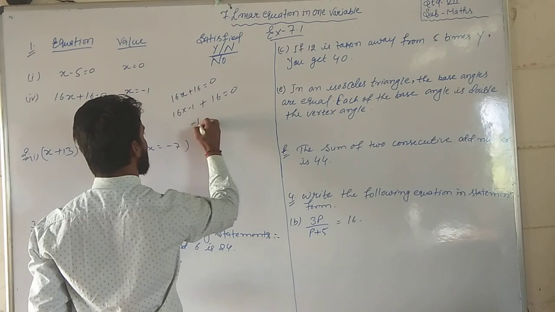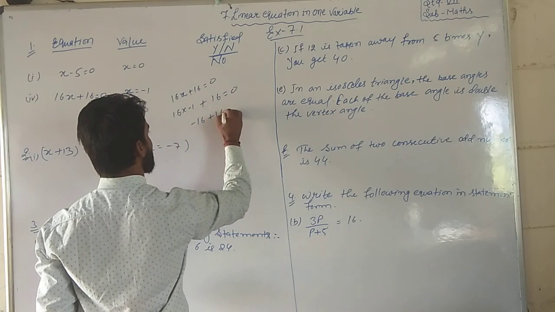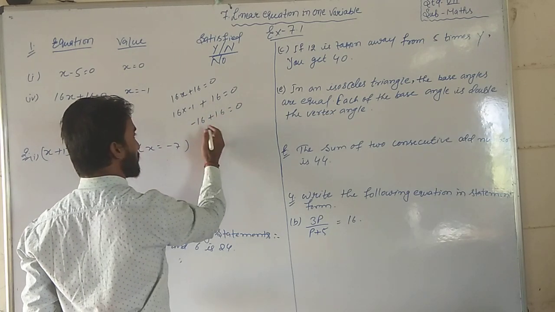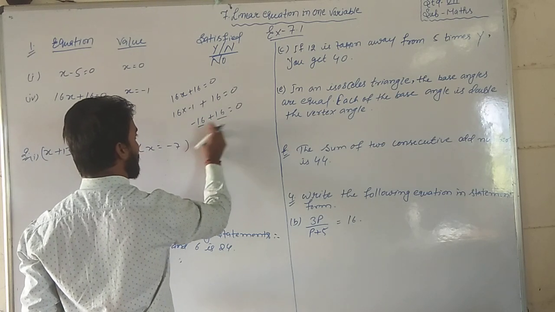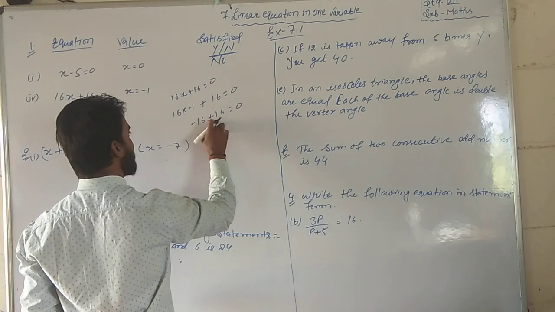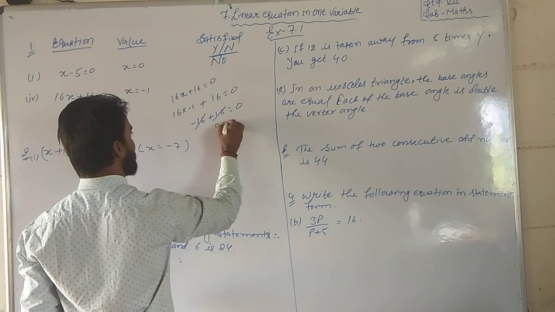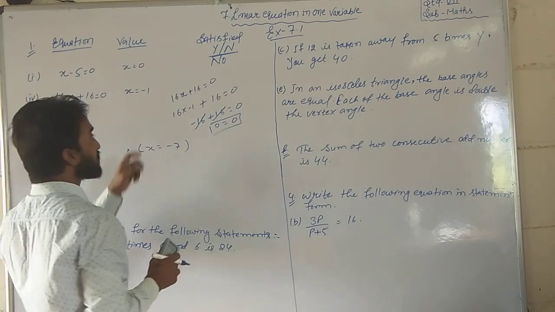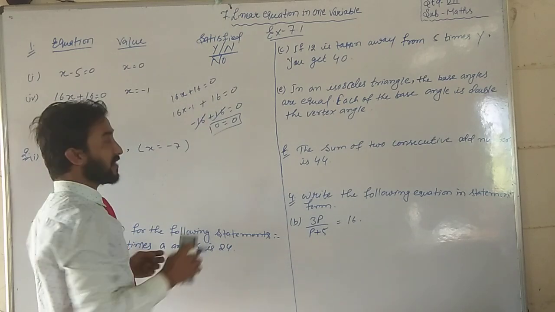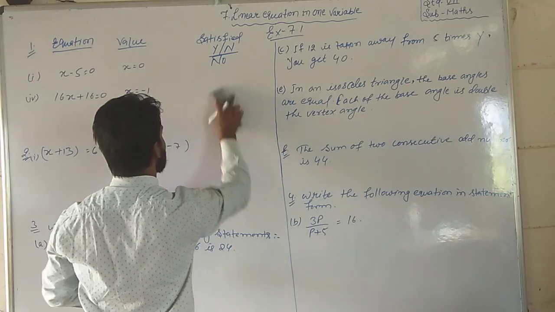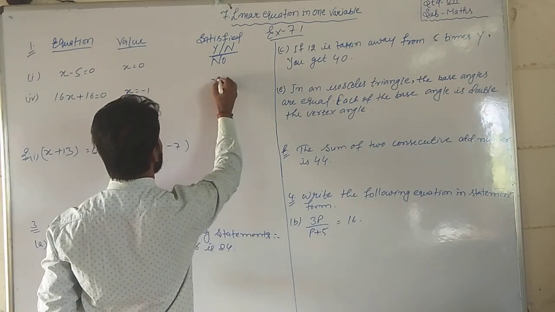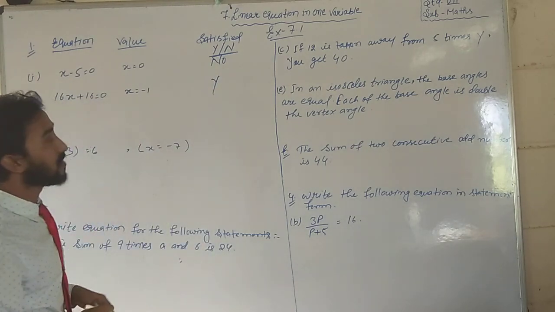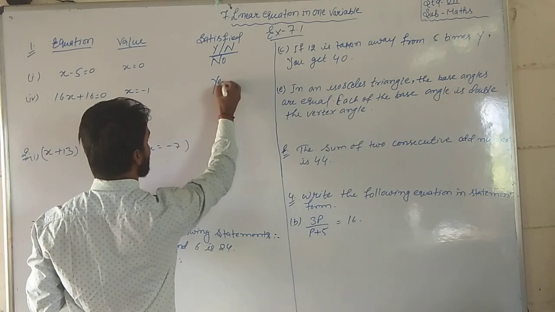Both values are the same and have opposite signs, so both will be eliminated, because 0 is equal to 0. It means this equation is satisfying. So now we will write here y. Okay students, y means yes.